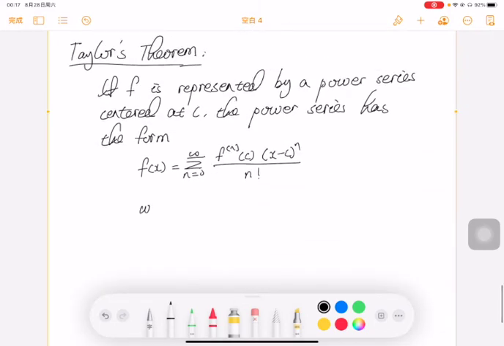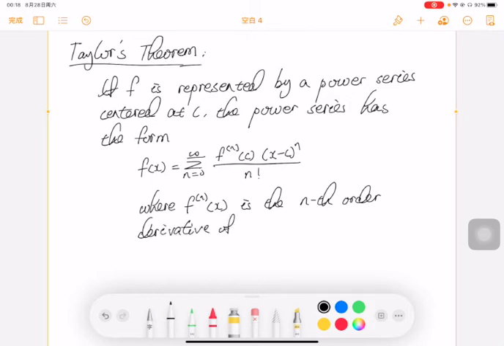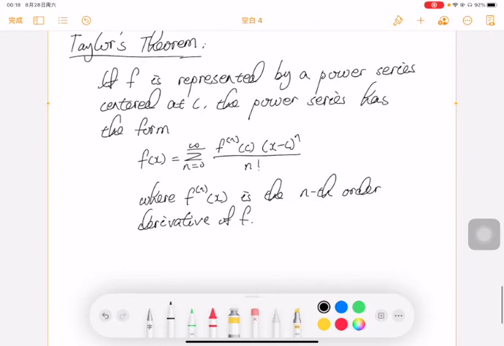And this notation with n in the superscript is the nth order derivative. Of course, when you put c inside parentheses, you're just evaluating the derivative at x equals c. So it tells us that if we know that f can be represented by a power series, then the power series has to be this one.